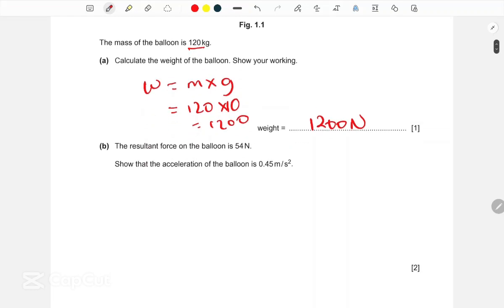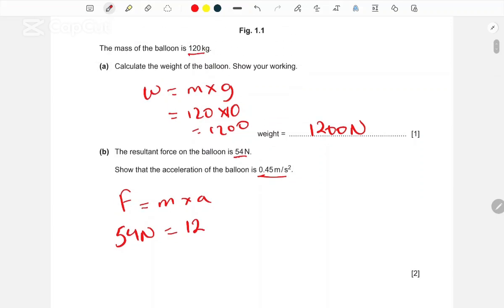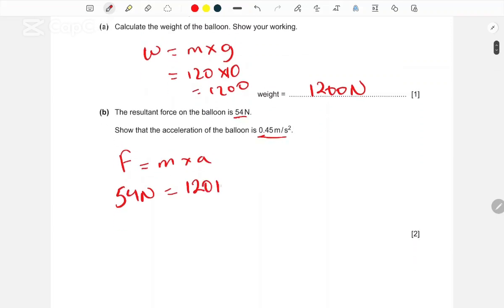The second one, the resultant force on the balloon is 54 newtons. Show that the acceleration of the balloon is 0.45 meters per second squared. So now we use the force formula. Force is equal to mass times acceleration, and we have the force, which is 54 newtons, and we have the mass, which is 120 kilograms, and then the acceleration, let's label it as A because it's a show that question.